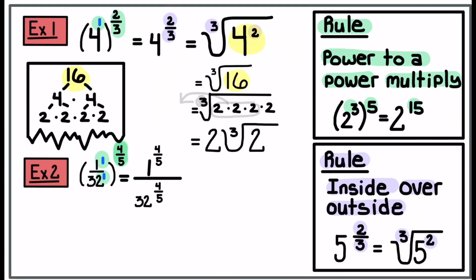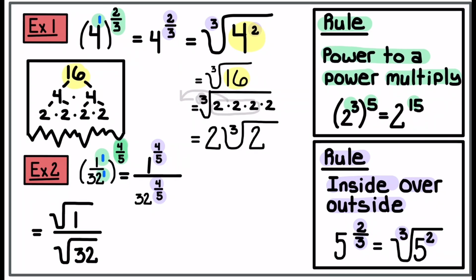Now we're going to use that inside out rule to rewrite those as roots. So the 4 in the numerator, inside, that one's the one that goes on the inside, and the denominator goes on the outside. Again, inside over outside.